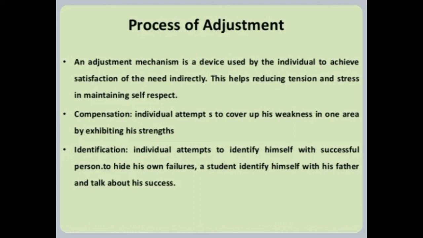The individual attempts to cover up his weakness in one area by exhibiting his strength. Next, identification. The individual attempts to identify himself with a successful person to hide his own failures. A student identifies himself with his father and talks about his success.